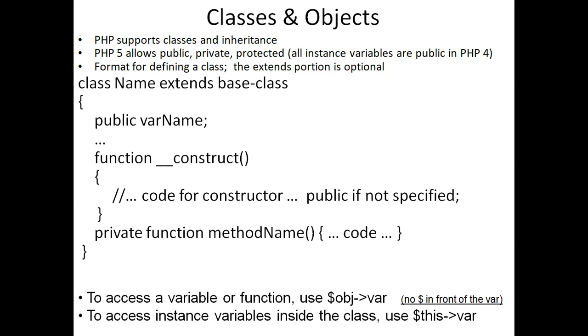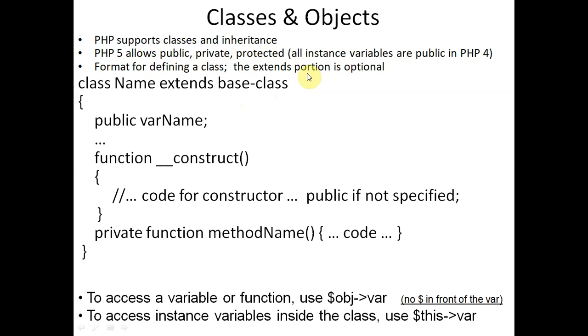You can see in this program we have a class named name, and it is extended from the base class. PHP supports class inheritance, so that's why PHP is a very important language.